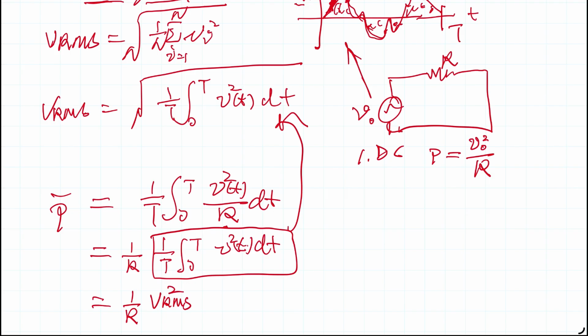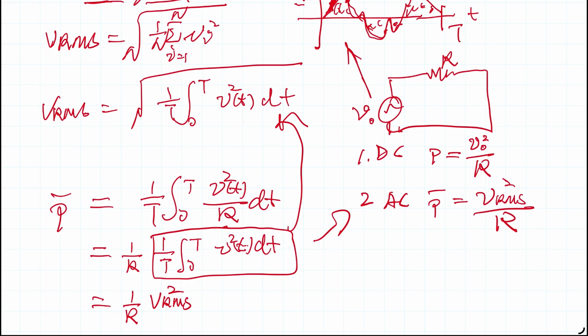Now, in the AC format, we just summarize here. For an AC signal input, the average power equals V RMS squared over R. So the physical meaning of this formula is very clear now.